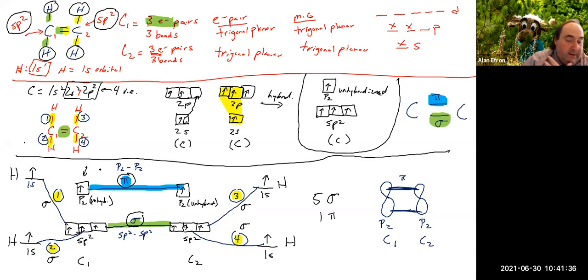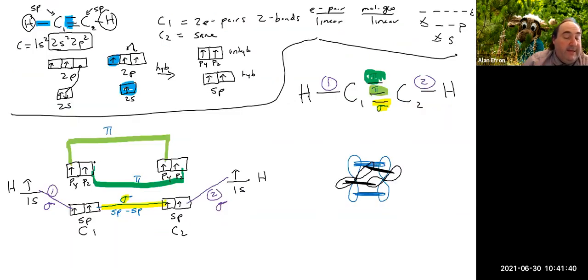Which means we were only able to make that double bond. But because this guy decided to hybridize as sp, it gives us the availability of that extra unhybridized p orbital, which allows the electrons to come together in that sideways fashion and make that triple bond occur. Any questions on that there?